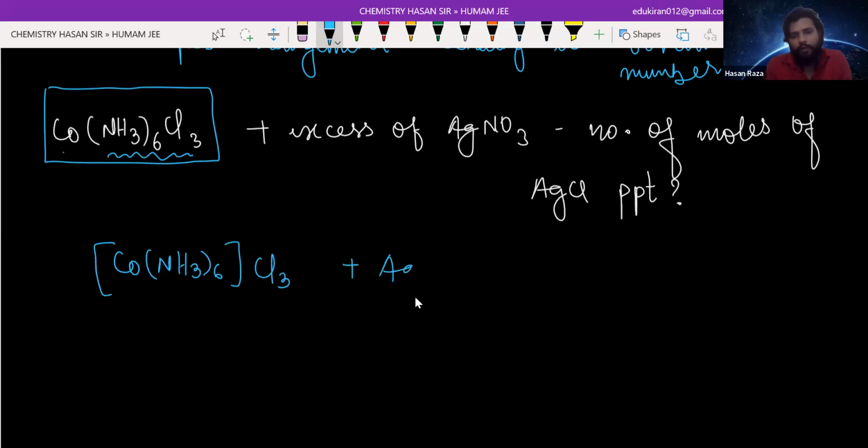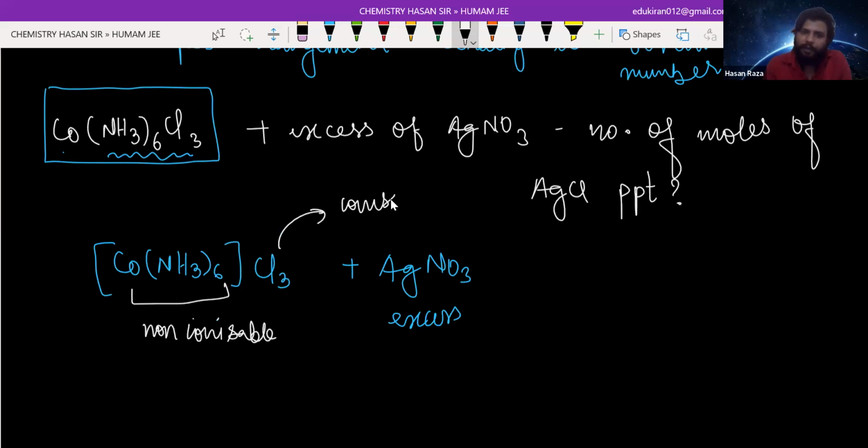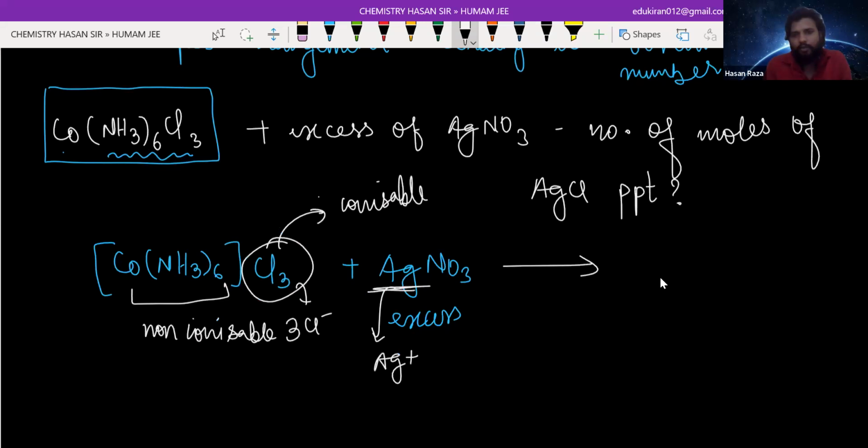Now when you react this with AgNO3, which you know is in excess, this part is non-ionizable and this part is ionizable. Everyone knows that chlorine will go as Cl minus and Ag will come as Ag plus. Now, how many chlorine is there? 3 chlorine and Ag is in excess. So these combine with each other and you will get 3 moles of AgCl. Is that clear?